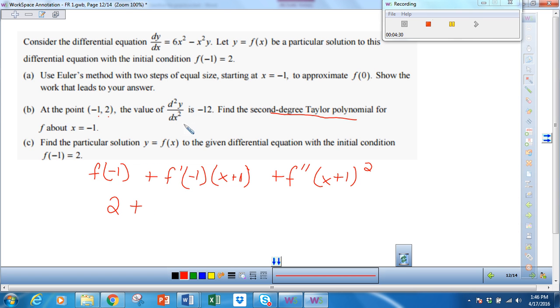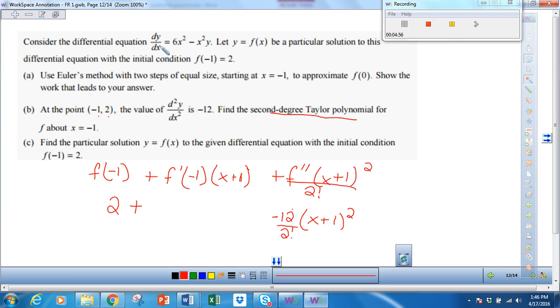We know f prime of -1 is, do we know that? We know f double prime is -12, and this is over 2 factorial, times x plus 1 squared.